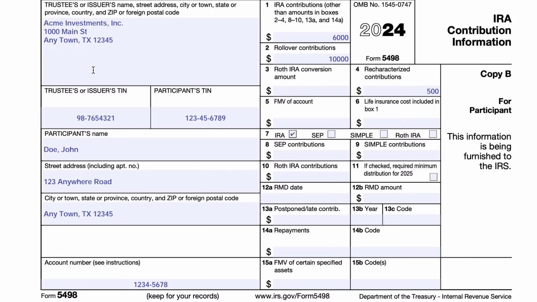At the top, you'll see Acme Investments issued this form to John Doe. We have their taxpayer ID numbers. The trustee's will likely be an employer identification number. The participant's TIN is probably going to be their social security number. It may be redacted on your version, but it will not be redacted on the IRS's version.